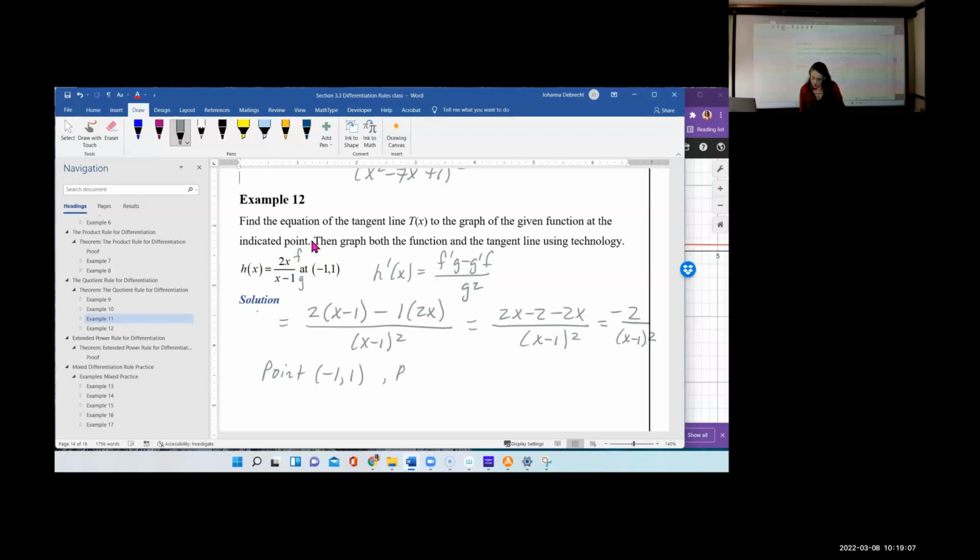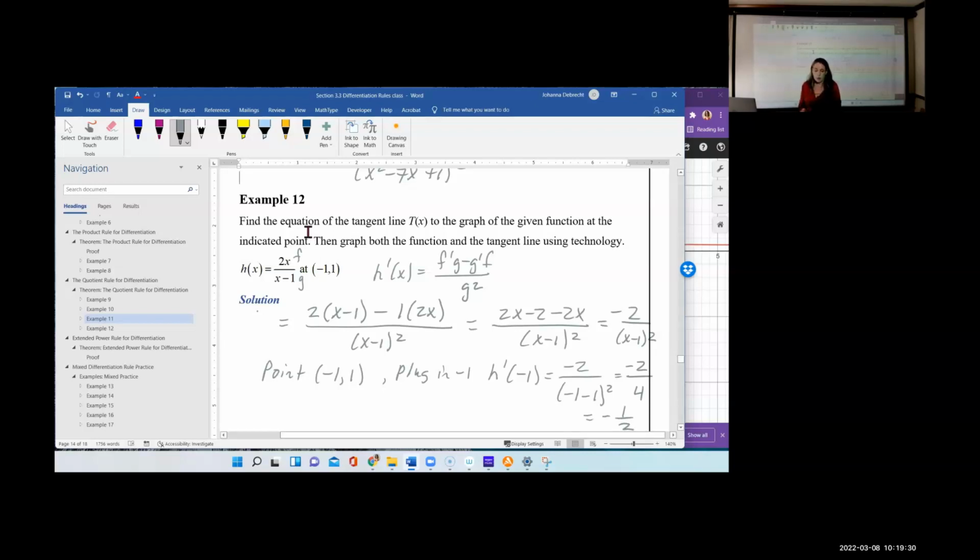So we're going to plug in x equal -1. So we get h prime of -1, which is equal to -2 over -1 minus 1 squared, which is going to give me -2 over -2 squared, which is 4. So I get a -1/2.